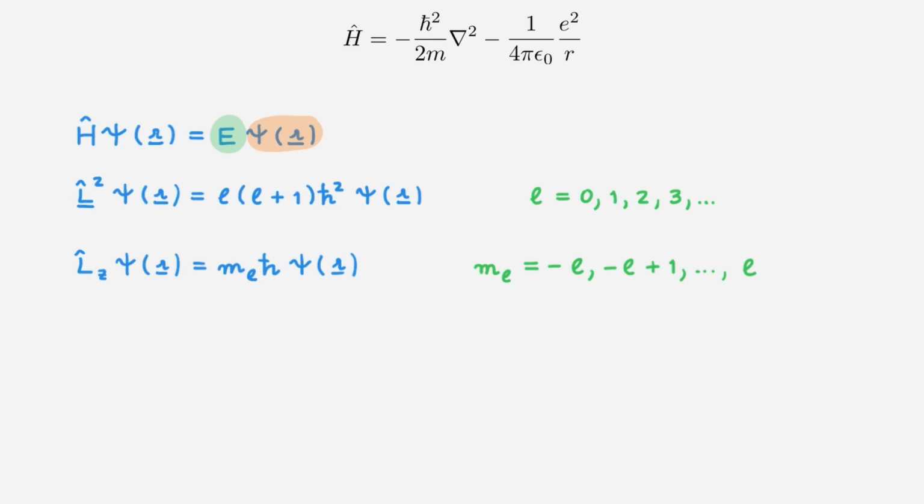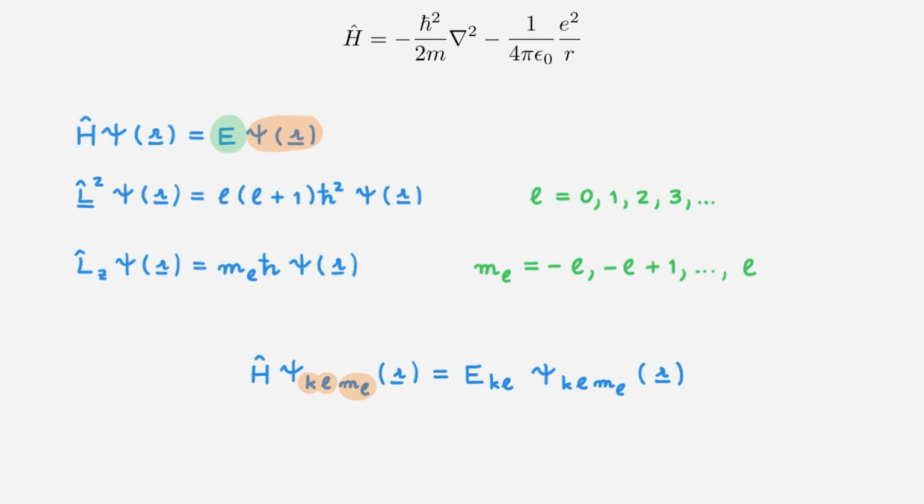From these results, we can rewrite the eigenvalue equation for the Hamiltonian, where we label the eigenfunctions and eigenvalues with the appropriate quantum numbers like this. We see that the eigenfunctions depend on the orbital angular momentum quantum numbers L and ml, and for every combination L-ml, we have a spectrum of energy eigenfunctions labelled by the additional quantum number k.